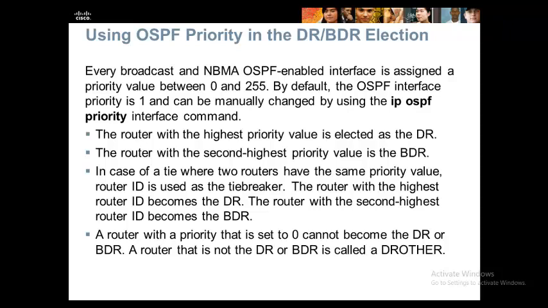Once the DR and BDR are elected, a change in priority will not make any difference. You need to reset OSPF to take effect, because the OSPF DR BDR election is non-preemptive. What is non-preemptive? Once the DR is elected, another router cannot become a DR. They have to wait for their turn.